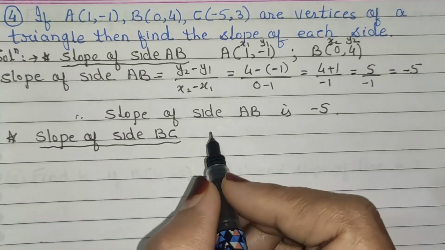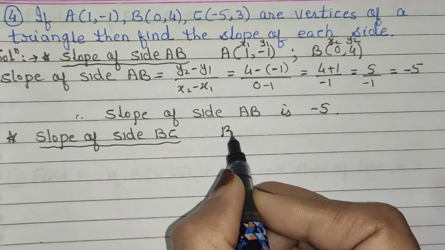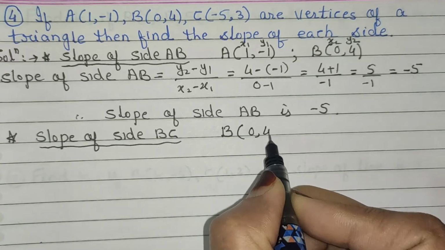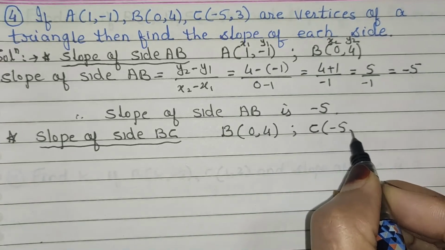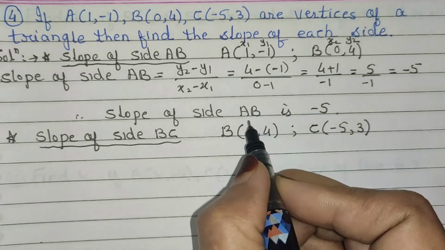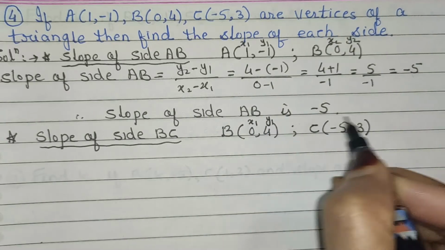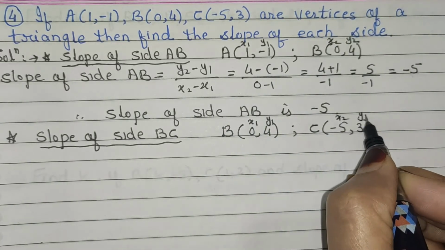Now for slope of side BC, write down the coordinates of point B are 0, 4 and the coordinates of point C are minus 5, 3. Let us consider the coordinates are x1, y1 and here x2, y2.